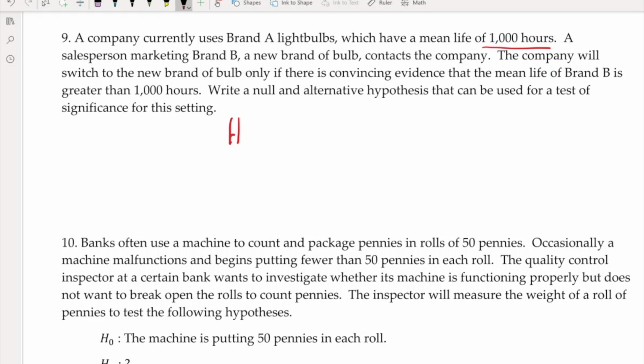Well, the null is the established norm, what has been going on, and that's that the mean has been 1,000 hours. The alternative would then be if the mean is greater than 1,000, and I know to use greater than because in the context of the story, we're talking about brand B lasting greater than 1,000 hours.